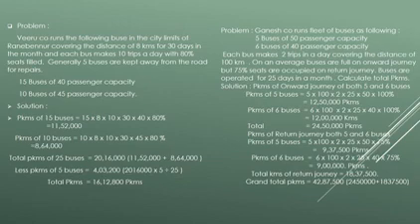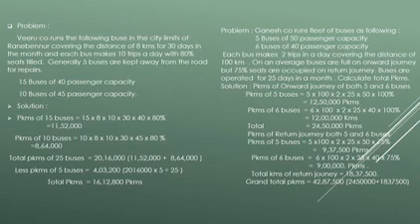Now one more problem of the same kind, but return journey and onward journey are given. The problem is like this. Ganesh company runs a fleet of buses as follows: 5 buses of 50 passenger capacity, 6 buses of 40 passengers capacity.